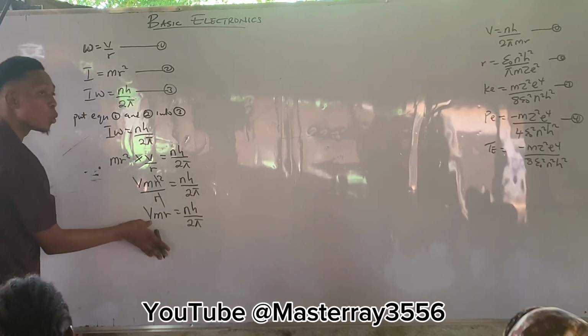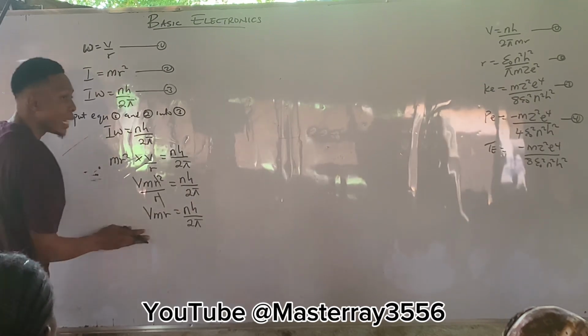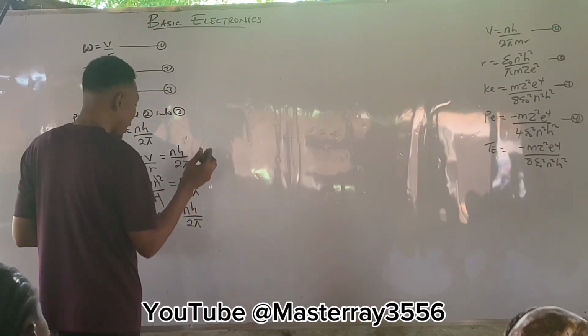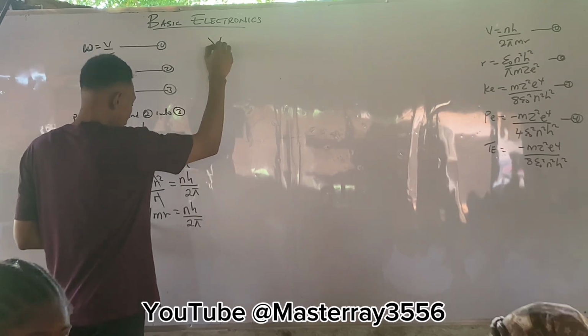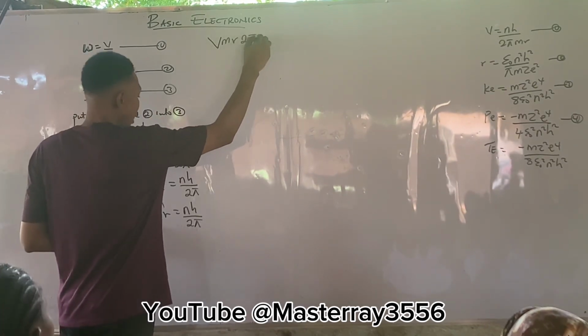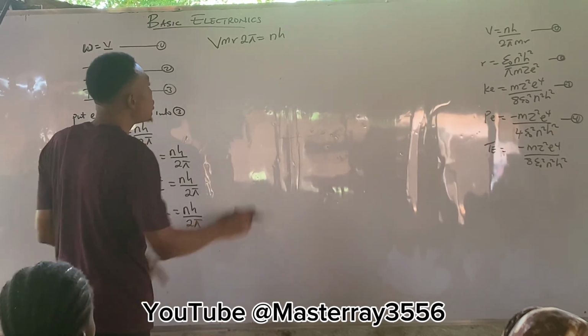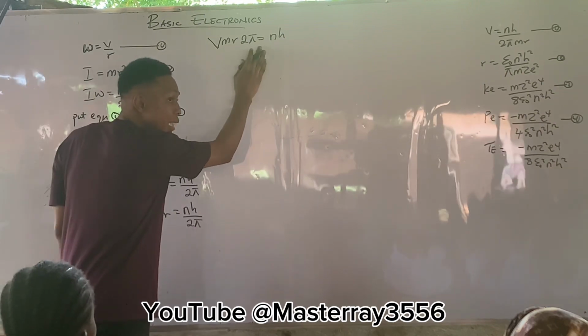What we are looking for is what? V. To get our V, what do you do? Cross multiply. And if you cross multiply, we have V, then mr 2pi, then equals nh. Now to get our V, you divide everything by everything here, right?